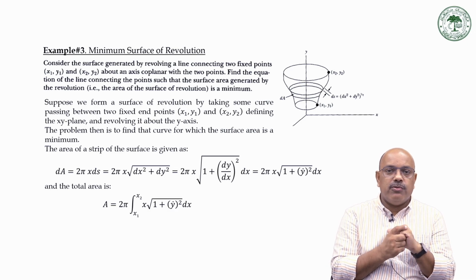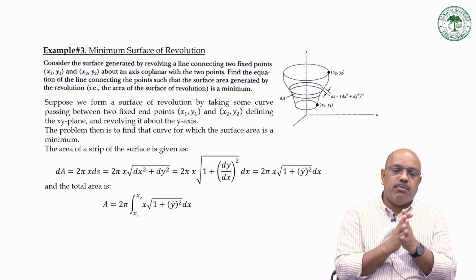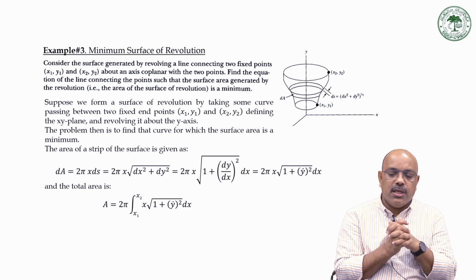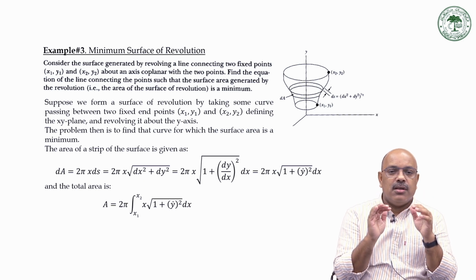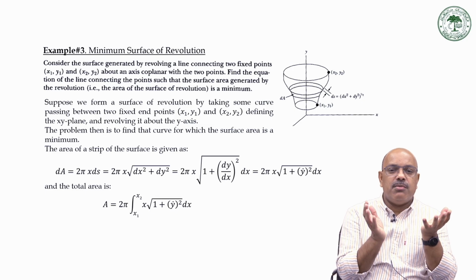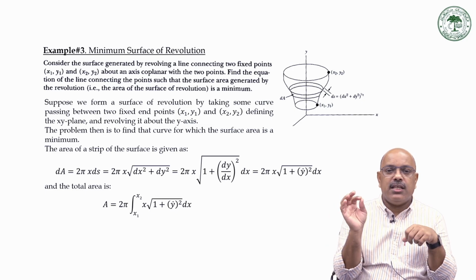Now let's move to another example, the minimum surface of revolution. We consider the surface generated by revolving a line connecting two fixed points.